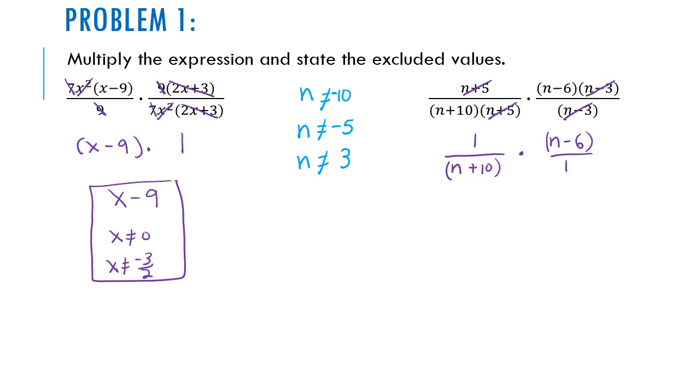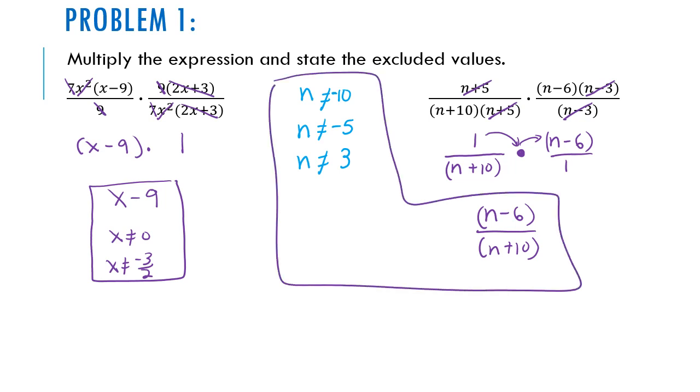So if I were to multiply, 1 times n minus 6 is just n minus 6. And then n plus 10 times 1 is just n plus 10. So I have simplified and multiplied, and now I have my excluded values and my simplified answer.